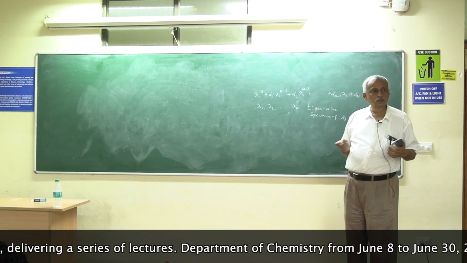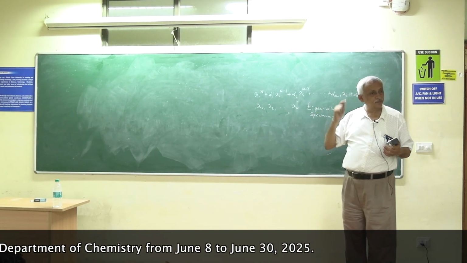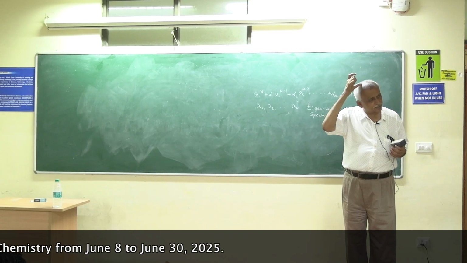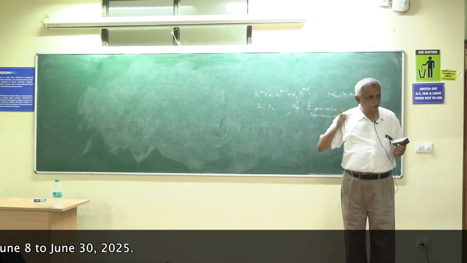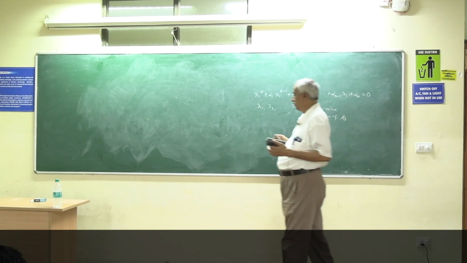Okay. So now, for each eigenvalue, you must have one separate eigenvector. You don't have the same eigenvector. So you have to solve that equation now.